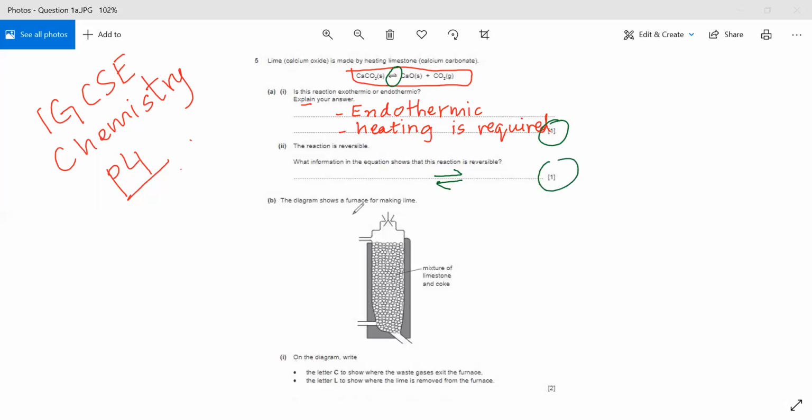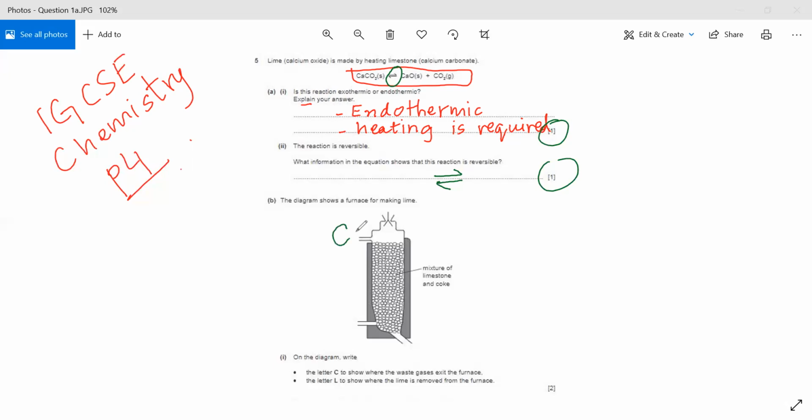Now, here they have given us the diagram of the furnace. What do they want us to do? They want us to write the letter C on the diagram to show where the waste gases exit the furnace. So the waste gases are going to exit here.